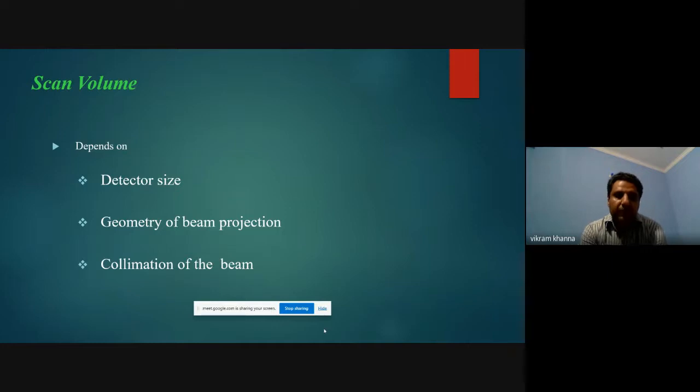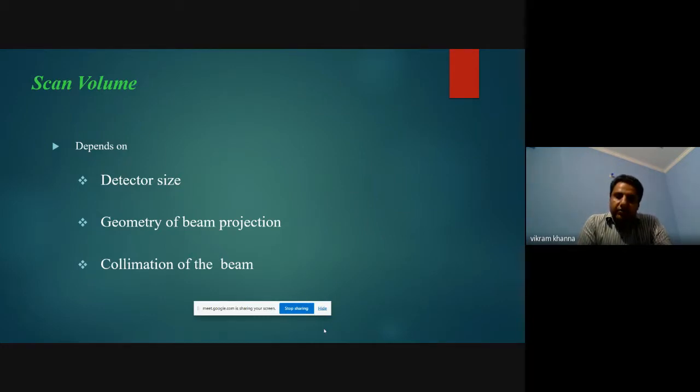Scan volume depends upon detector size, geometry of beam projection, and collimation of the beam. Detector size differs from manufacturer to manufacturer.